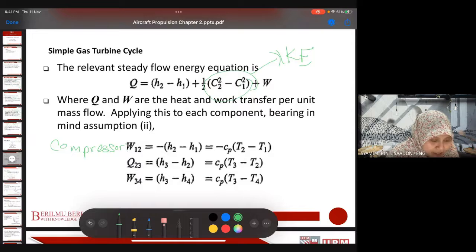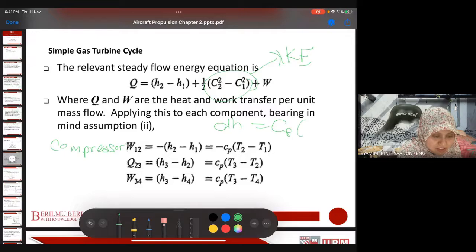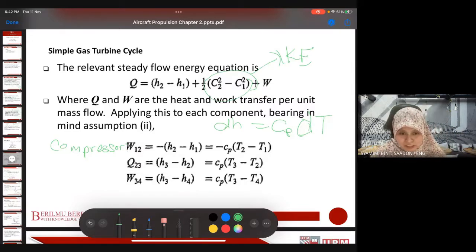Then the enthalpy change, H2 minus H1, is equal to Cp times (T2 minus T1). This is the definition of enthalpy: dH equals Cp dT, where Cp is the specific heat and dT is the difference of temperature. That is why the assumption we made earlier is important.